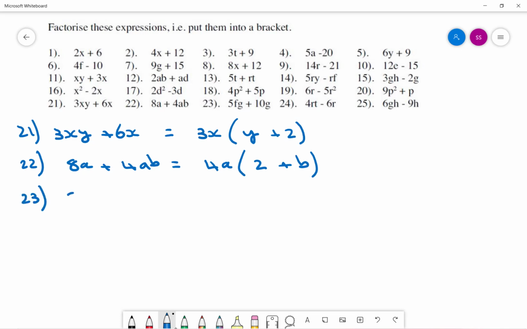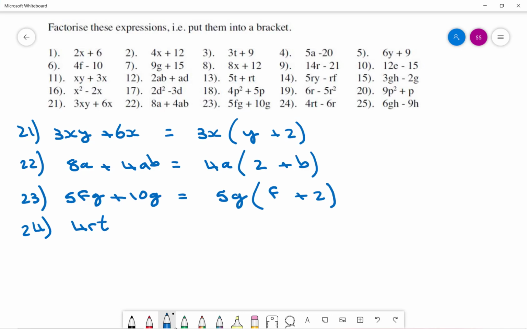For number 23, 5fg plus 10g. Our common factor here is going to be 5g. 5fg divided by 5g will leave f, and 10g divided by 5g will leave plus 2. For 24, 4rt minus 6r.